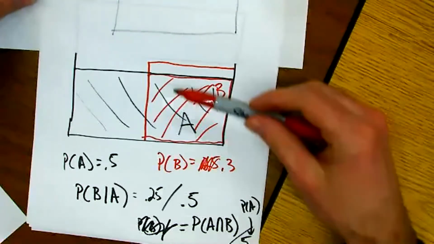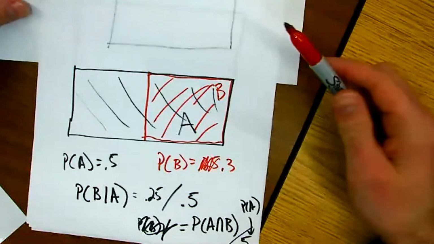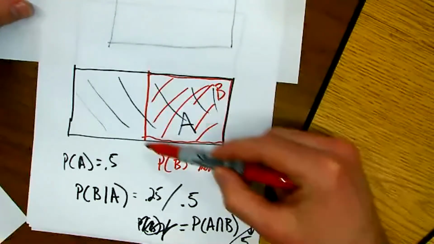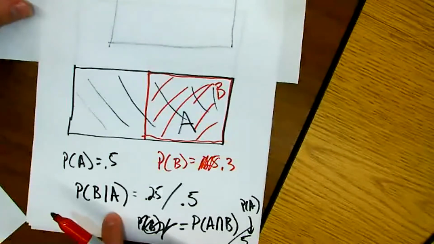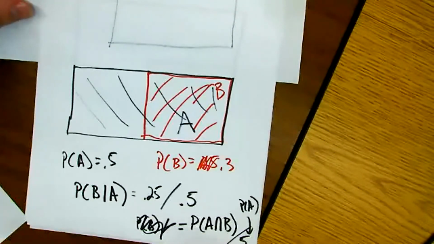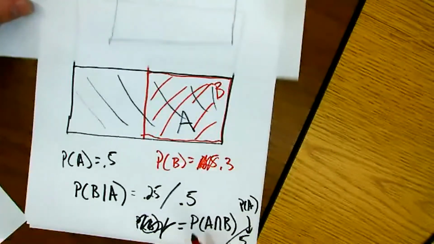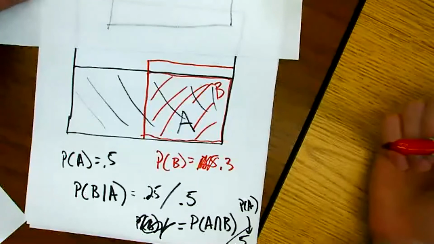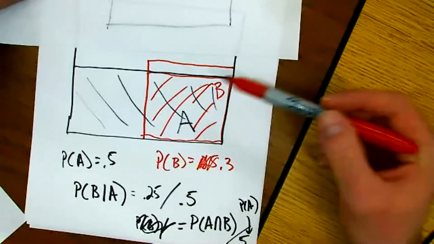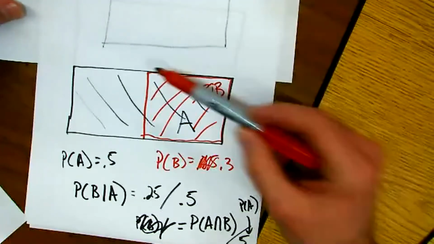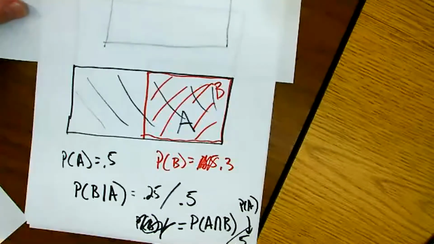So it doesn't matter really what the probability of B is, it matters what the probability of B intersected with what I condition on, the probability of A, is. So that's why that numerator is the intersection of A and B and not just the probability of B. Because if we had a scenario like this, now when we condition on A, this part of B we know can't occur. Okay?